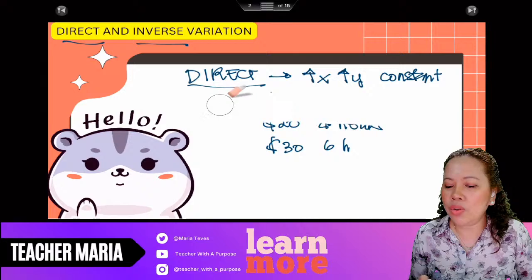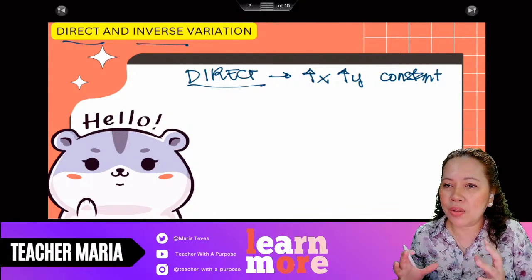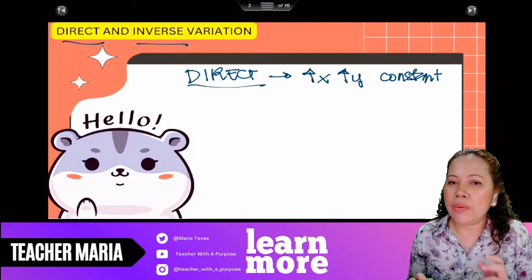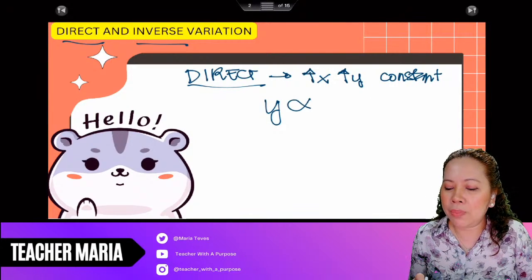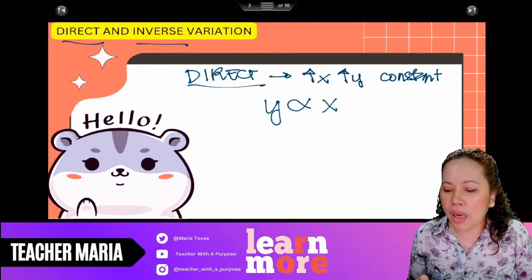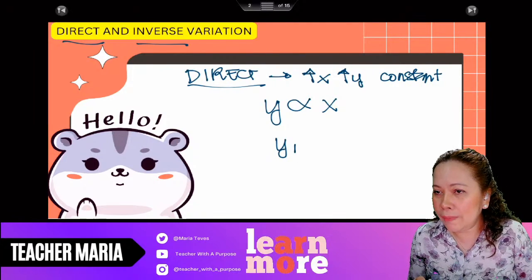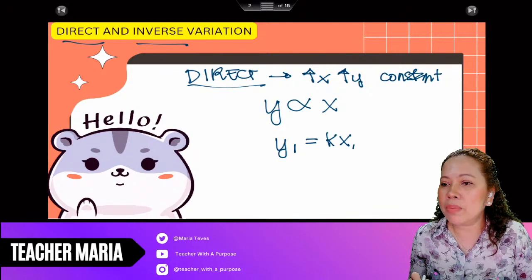So how do we put this into a relationship, into ratio and proportion? The direct: let's say y is directly proportional to your x. That means that y is equal to k times your x.